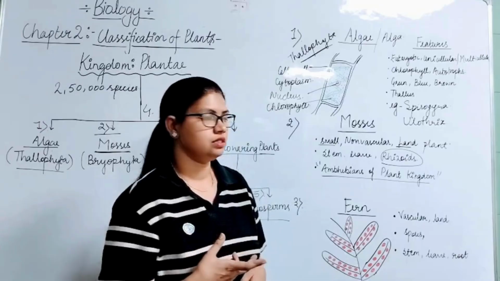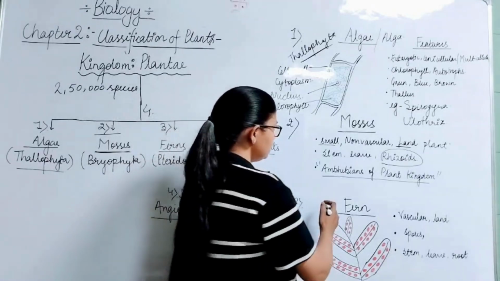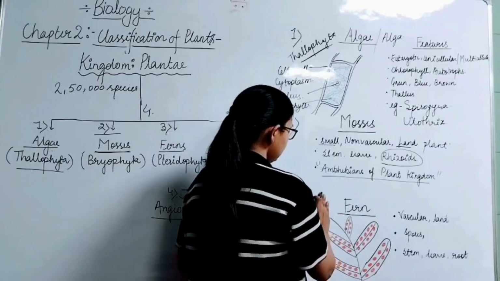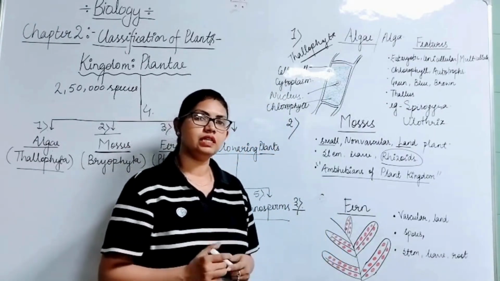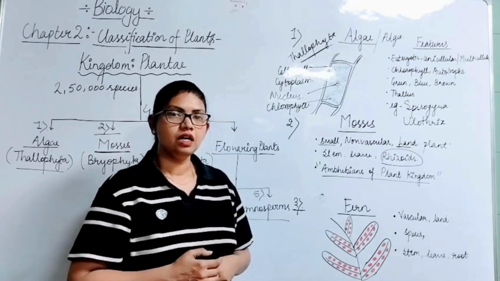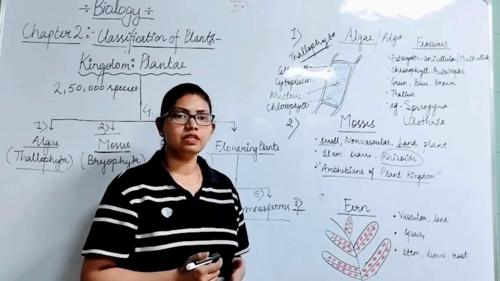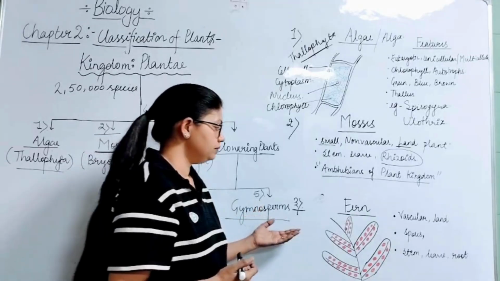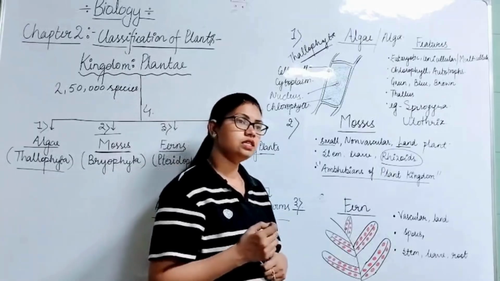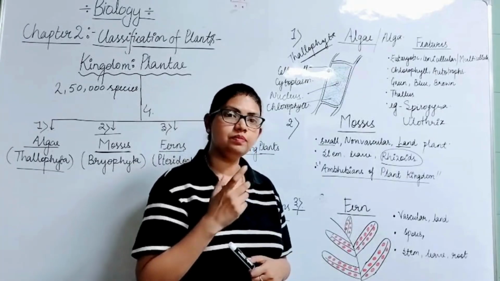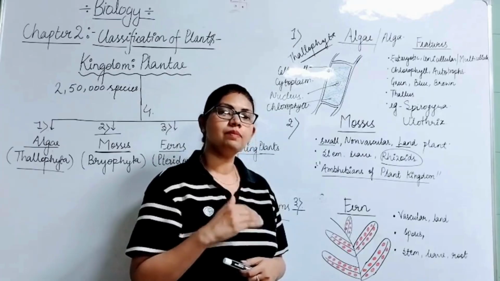the photosynthesis. Okay, next, the third is fern, and fern comes under the category of Pteridophyta. These are basically vascular plants, and these vascular plants contain spores, and these spores are generally present on the dorsal part of the leaf.